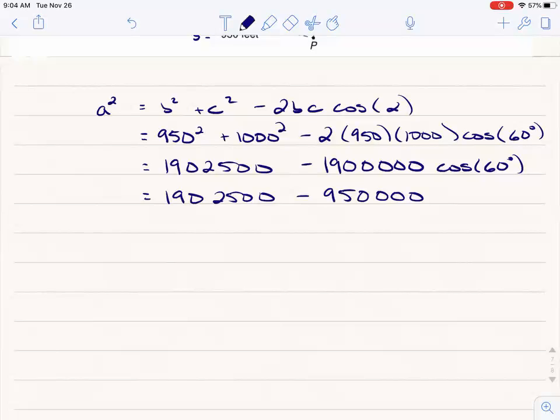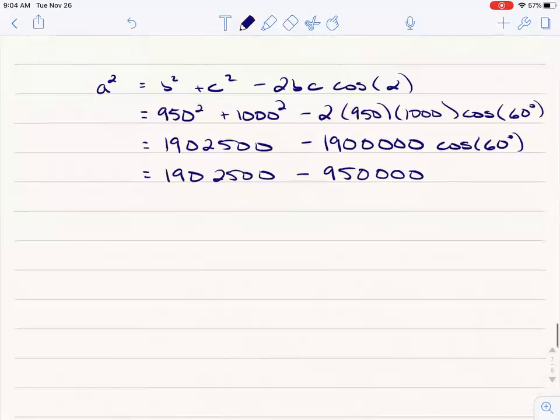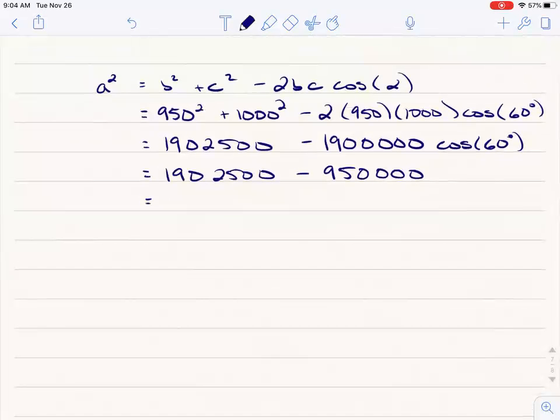So 1,902,500 minus 950,000, I get 952,500, remembering that that's equal to A squared.